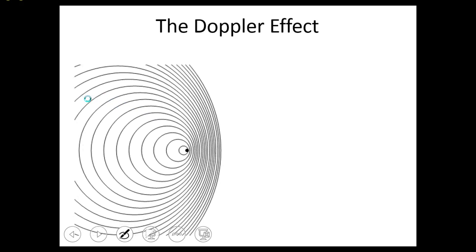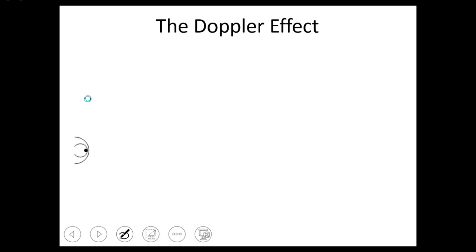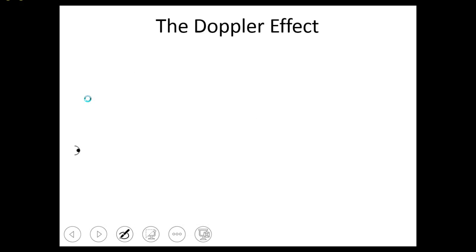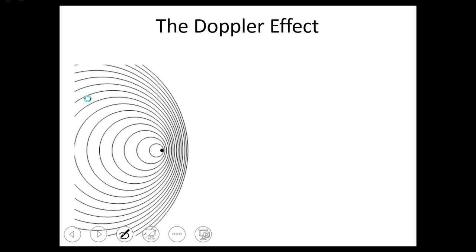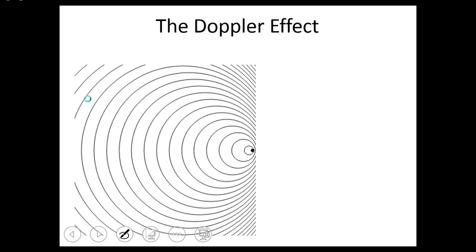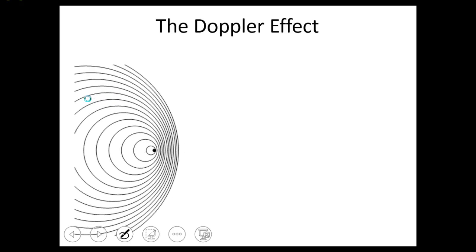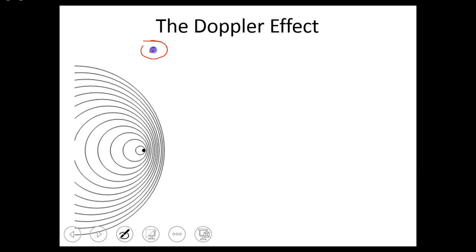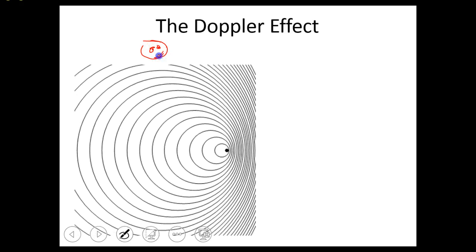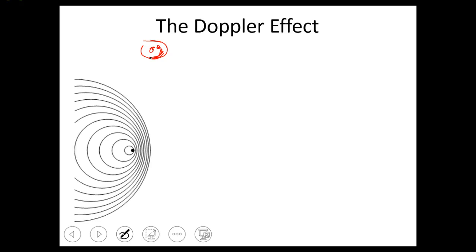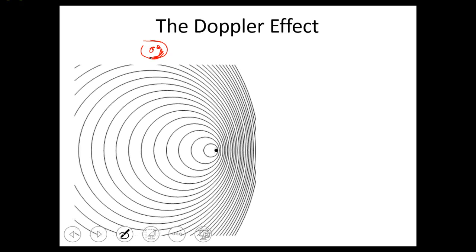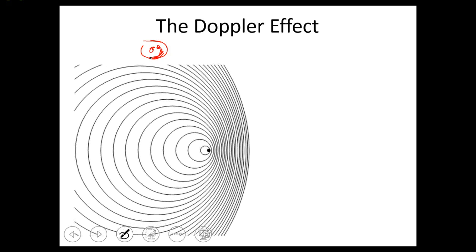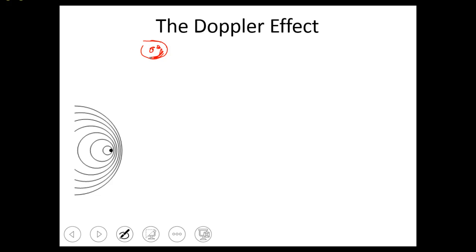And what happens is as this source is emitting a sound and traveling in a direction, it's actually catching up with its own sound waves. While the frequency, if you're in this little car, is the same, if you're an observer on the outside just standing still, you experience a shift in frequency because this guy is catching up with his own sound waves and thus effectively changing the wavelength of the sound that you hear as an observer.